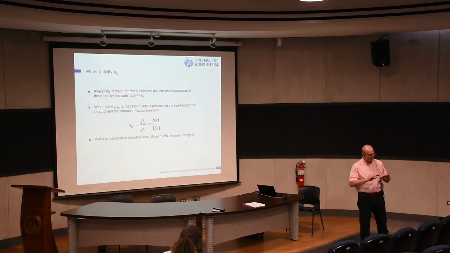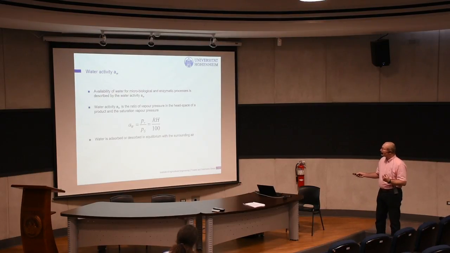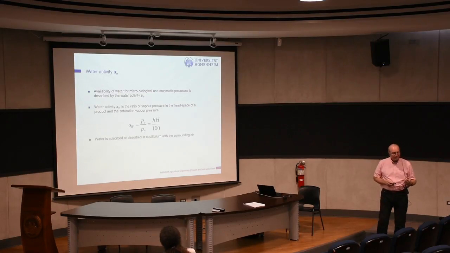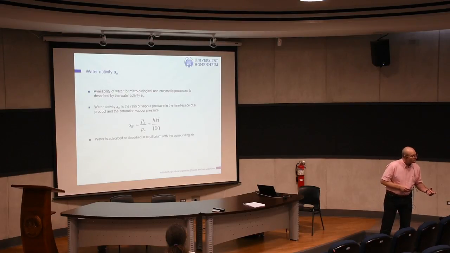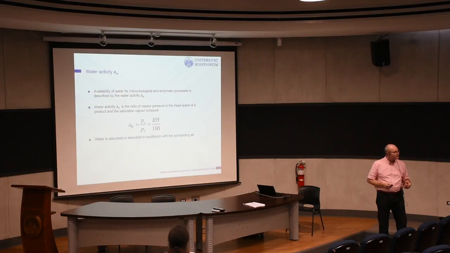This is the main restricting parameter for microbes, to get water from a product, and those are dried products, so it's difficult for microbes to get water from it. And we call this the water activity of a product, and this is the water vapor partial pressure in relation to the water vapor saturation pressure. Exactly what we had yesterday. Nothing else but relative humidity.